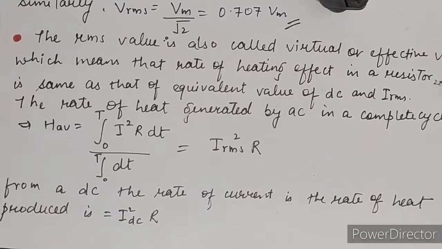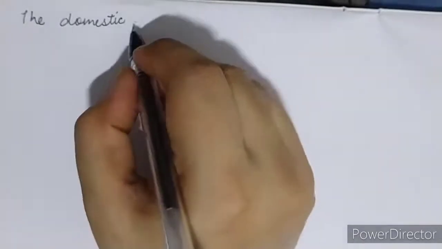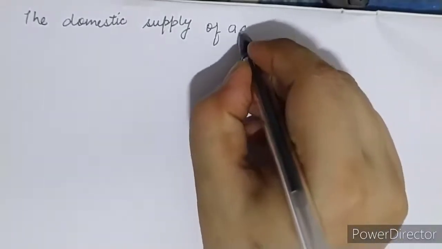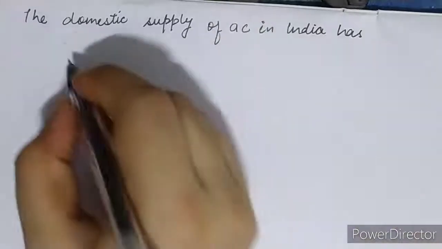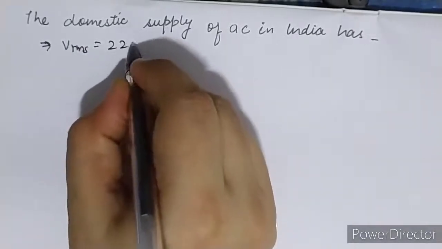So the domestic supply of AC in India has VRMS equal to 220 volt.